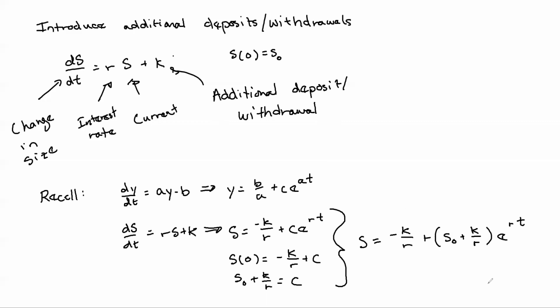Now there's something really cool that you can do with this. If you go through and simplify this a bit, you get a neat result. Let's take a look at that. So we have s of t equals, and what we can do is simplify this a bit by multiplying this out.